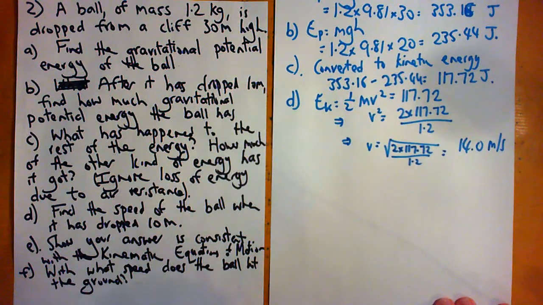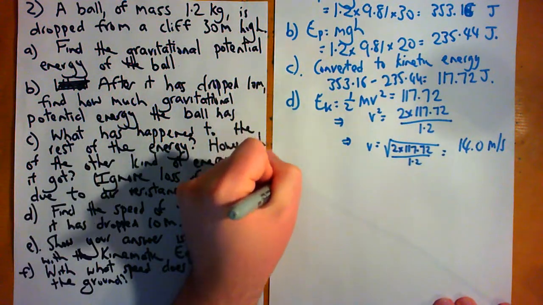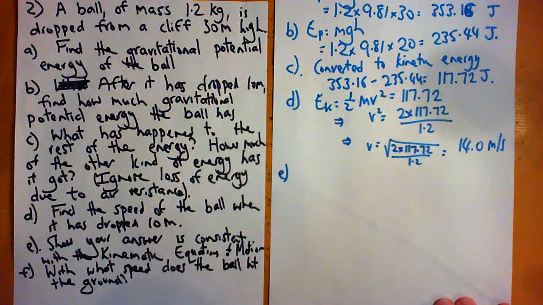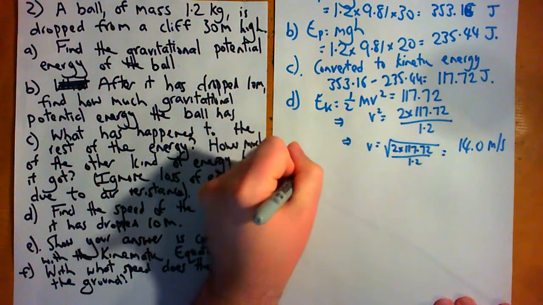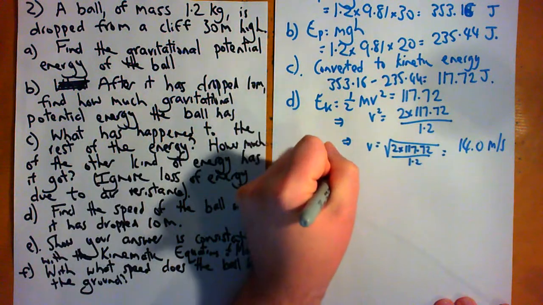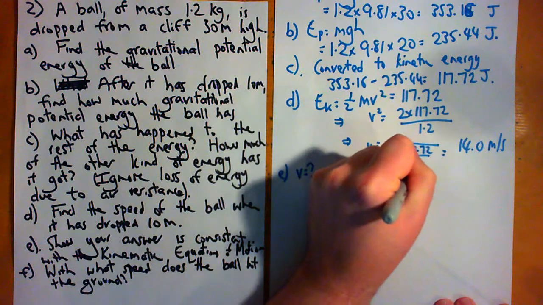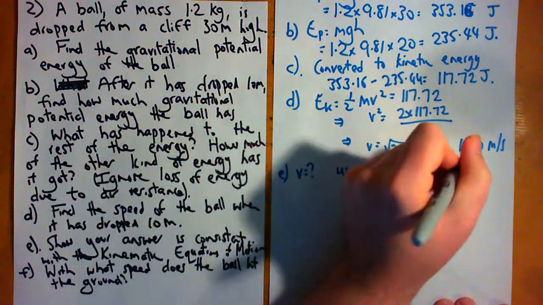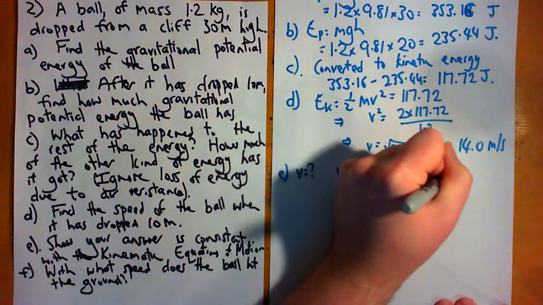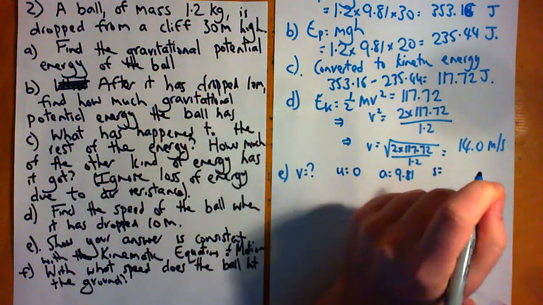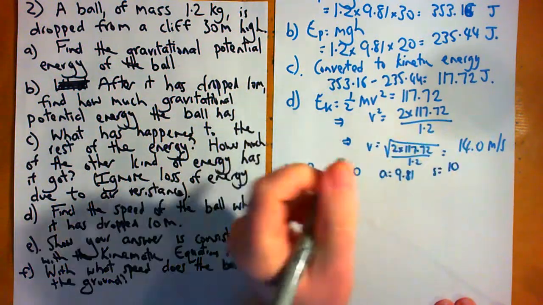Okay, question E, show your answer is consistent with what we get using the kinematic equations of motion. So we're looking for the final speed here. Initial speed was 0, acceleration is 9.81, and we also have that the displacement is 10 metres.